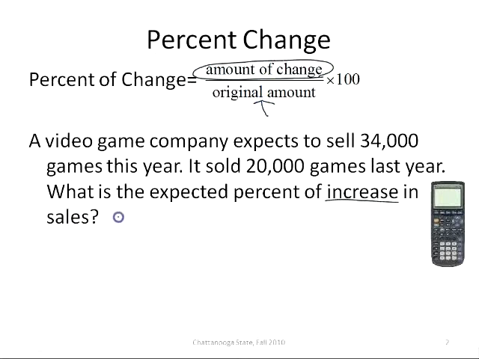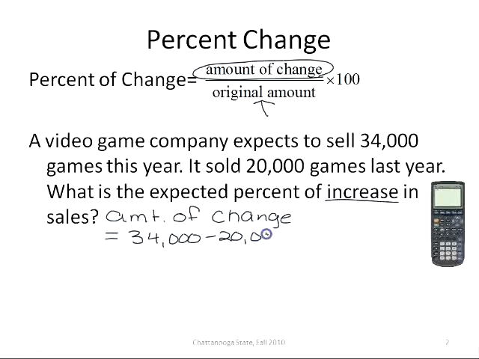So to find the amount of the change, we have to subtract. The amount of the change is going to be the 34,000 minus the 20,000, which gives us 14,000.